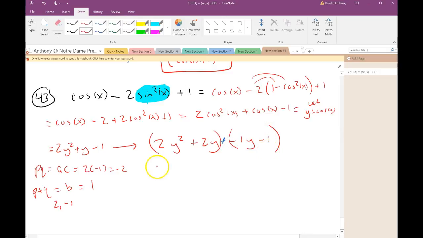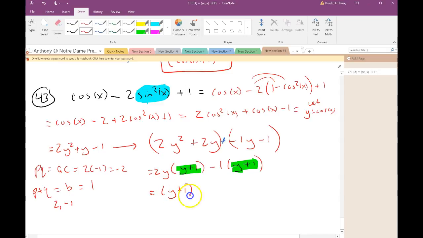coefficient. From that first group, I can take out a 2y. From the second group, I can take out a -1. And you'll notice that these y plus 1 parts are exactly the same. Everybody agree with that?